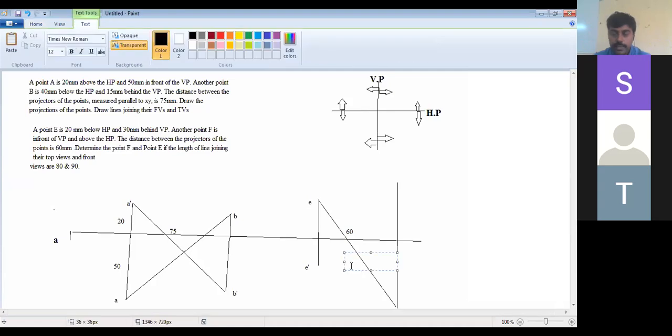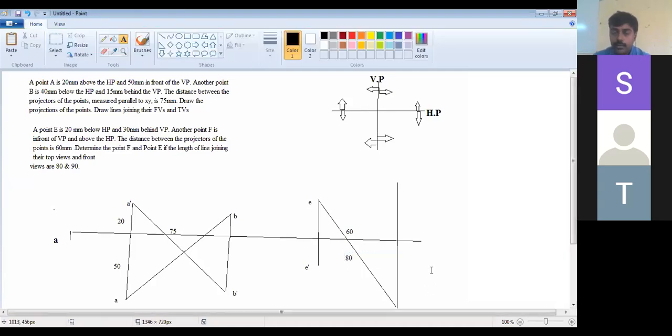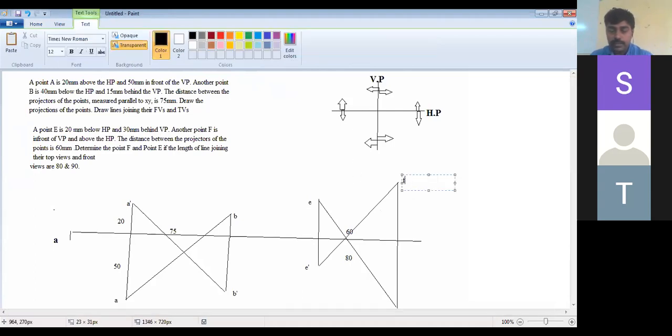It is going to be 80, the line length. Same thing, take the front view length as mentioned. So here what should be? F dash. Cut with 90 mm from E dash. So wherever it is intersecting, I'm going to call this F dash, and I'm going to call this F. That's all, your problem is solved.